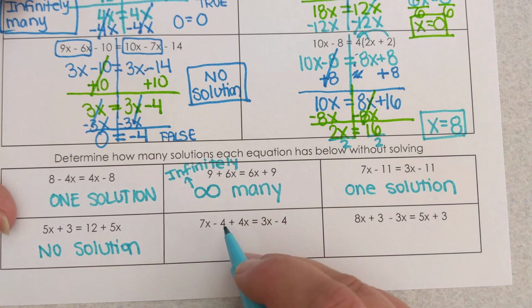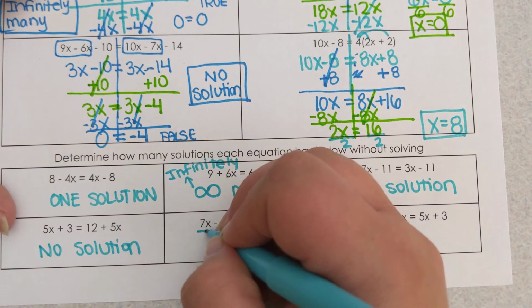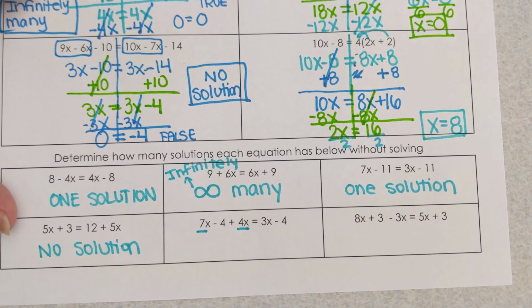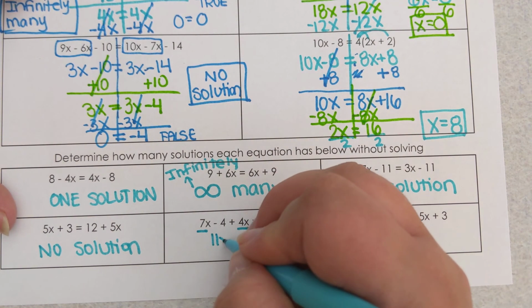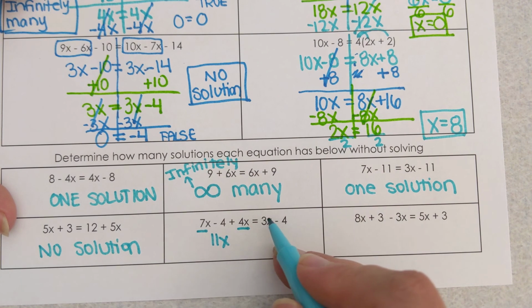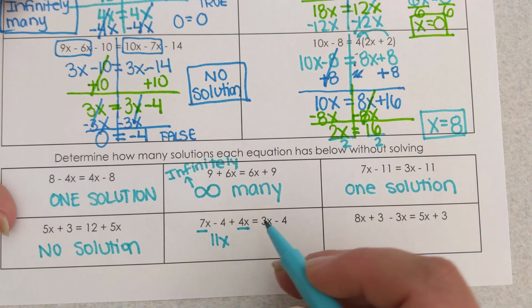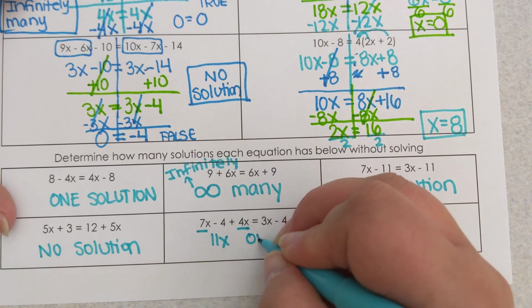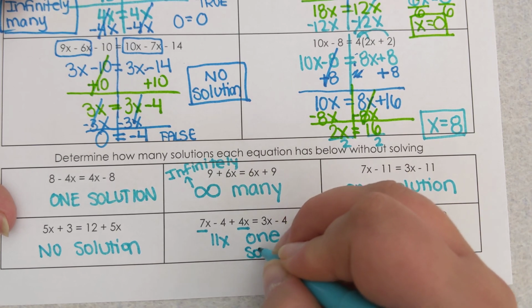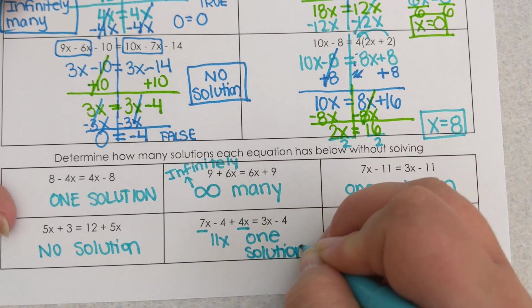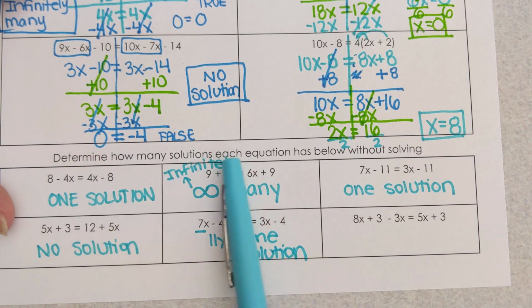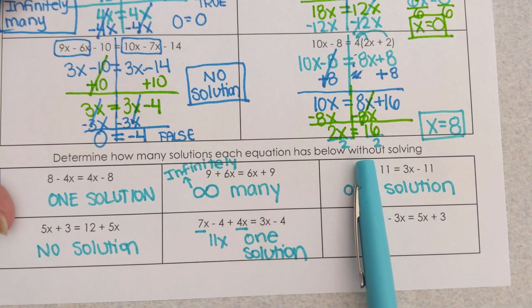Okay, now this next one is a little tricky because, look, I have 7x plus 4x. Well, that's 11x. Is that the same number of x's as over here? No, so they won't cancel out, and we just have one solution. Again, our directions here were just to determine how many solutions it has without solving.